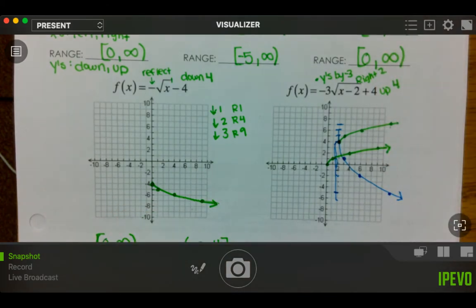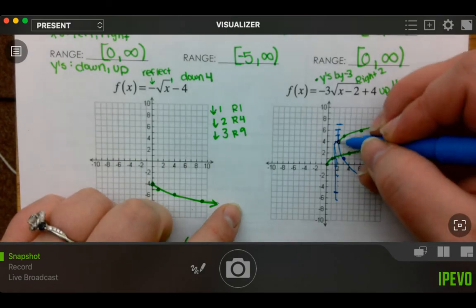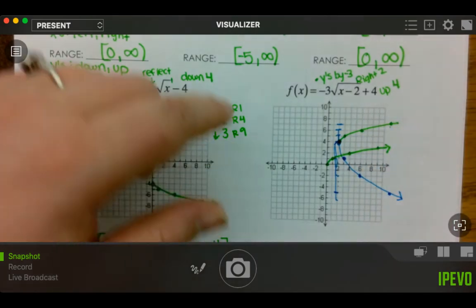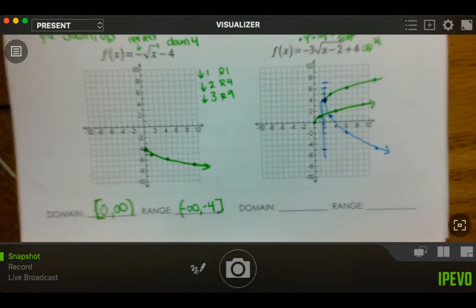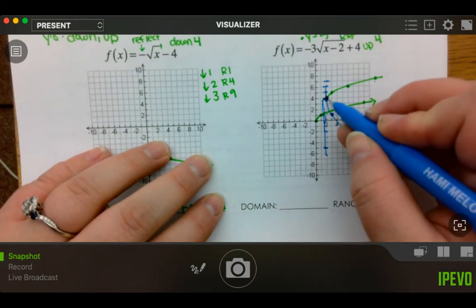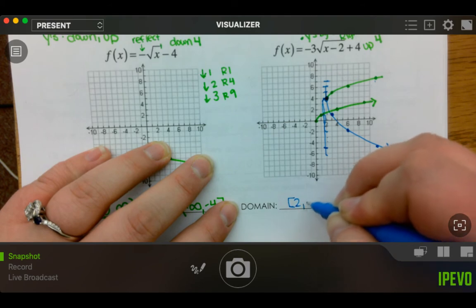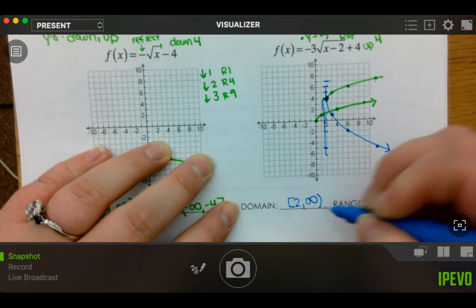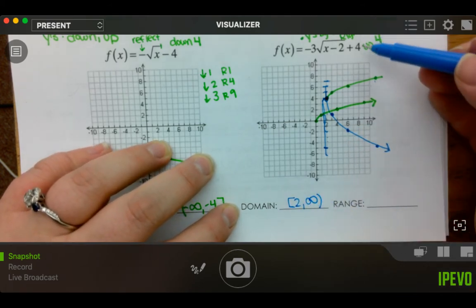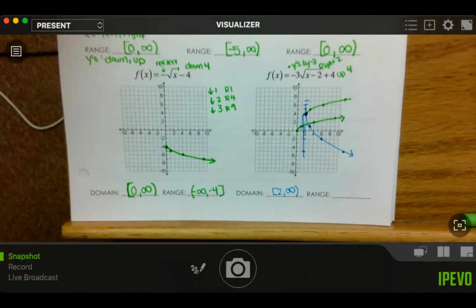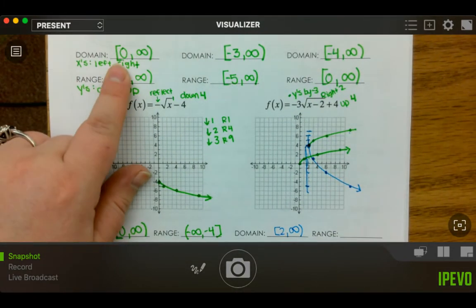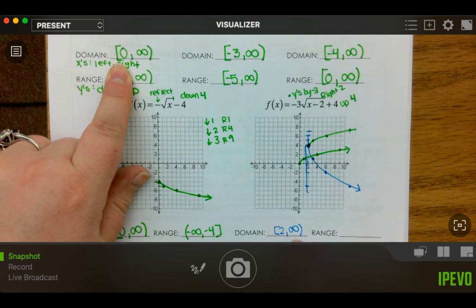And that's my graph. The furthest to the left, let's do domain first, is right here, which is at 2. And then it goes to the right to infinity, which makes sense because we moved it to the right too. You take the original domain and you move this to the right too, that's what it's going to be.